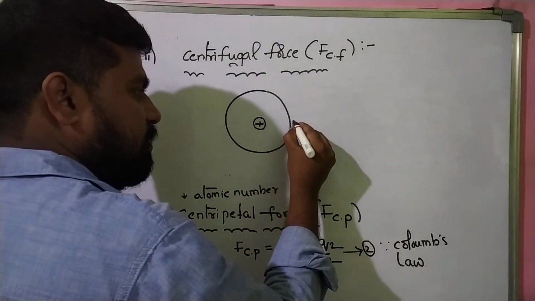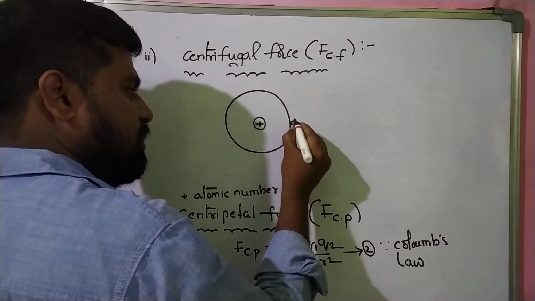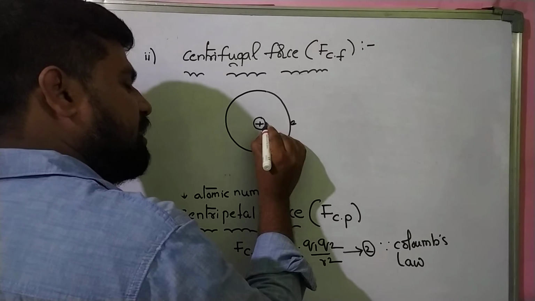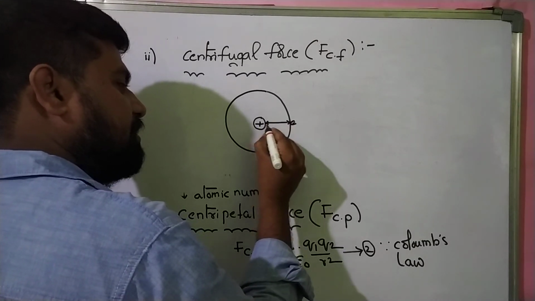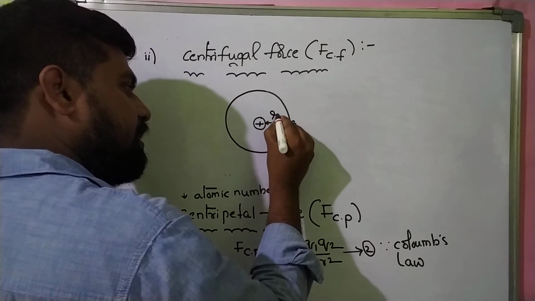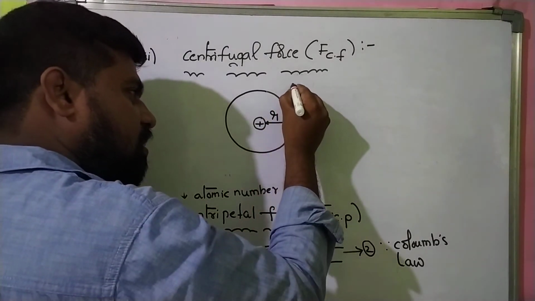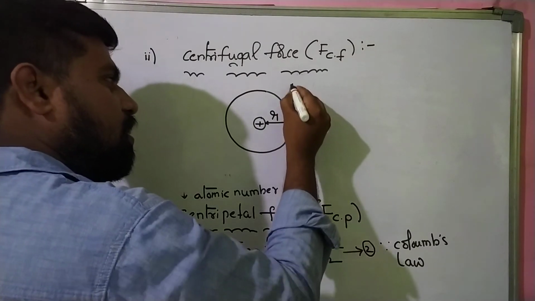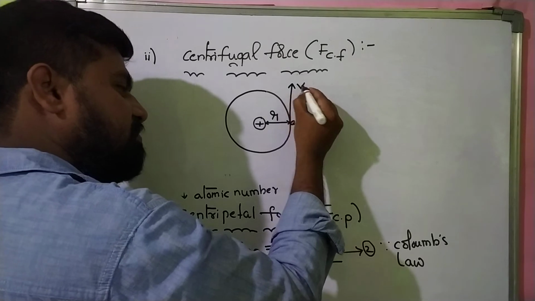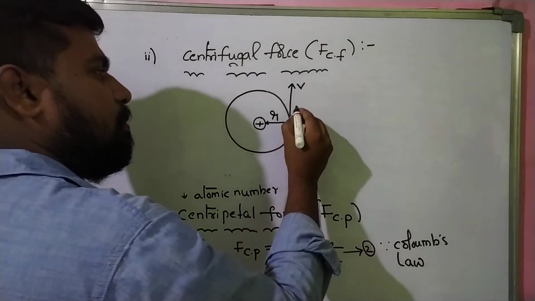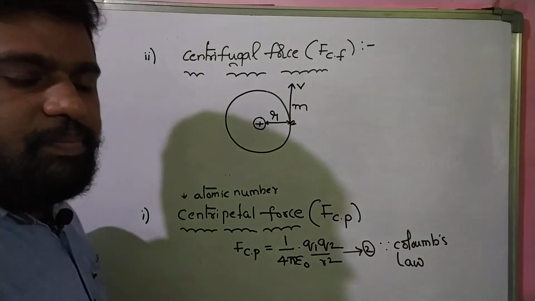So this is the nucleus, this is the electron revolving around the nucleus. So the distance between the outermost electron and the nucleus is called radius. Now this electron is moving around the nucleus with tangential velocity v and mass m.